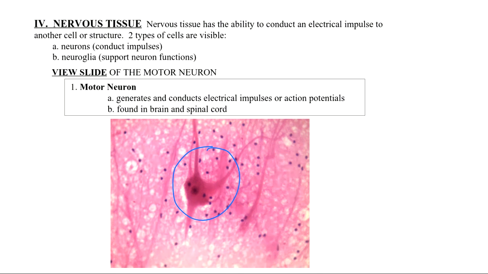And so we see these neurons in the brain and the spinal cord. Now there's a whole other type of tissue in the nervous system that are called neuroglia or glial cells that support the neurons so they can do what they want to do. But for now, we just want to be able to identify the motor neuron, which you can see in this picture.